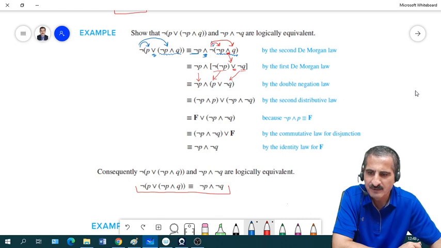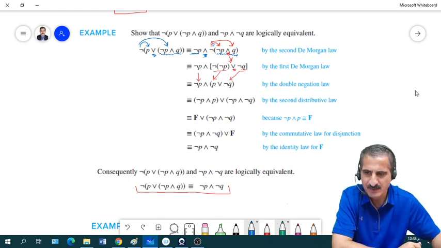Now we will use distribution here. We will distribute this over that, and then over this. So we'll have not P and not Q, and this stays as it is. Not P and not P and P here, not P and not Q.